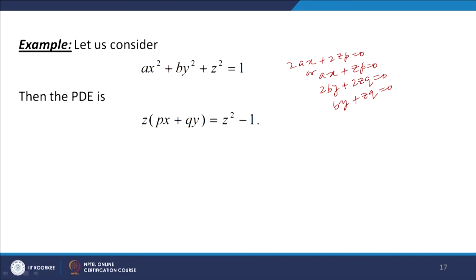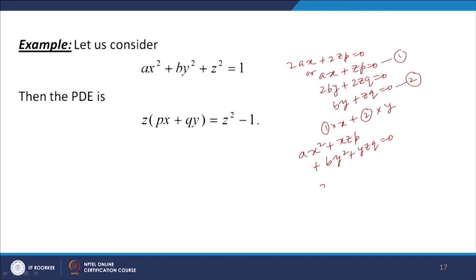So, what we do, we multiply this equation 1 and 2 by x and y. So, 1 into x and 2 into y, and let us add them. What we get, a x square plus x z into p plus b y square plus y z into q equal to 0, or we can say this a x square plus b y square is 1 minus z square.